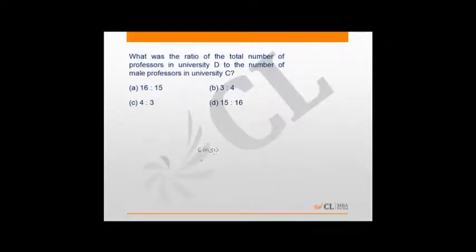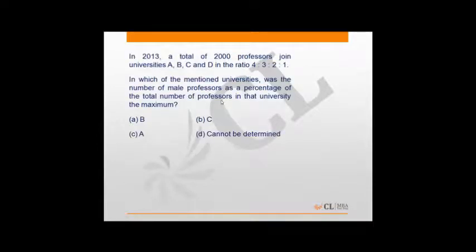So I have to calculate the ratio of 6000 is to 6400. Double zero is cancelled by double zero, this is cancelled by 4, 15, this is cancelled by 4, that is 16. Answer is 15 by 16, or 15 is to 16, option D.